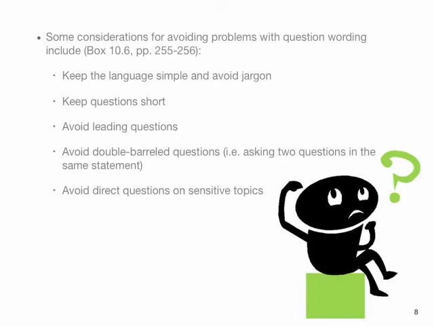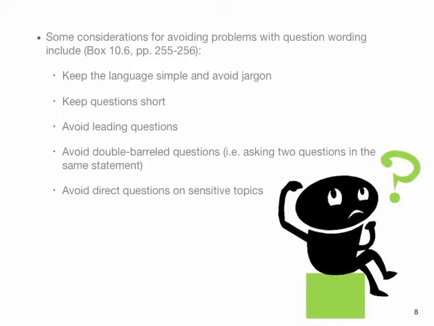When it comes to wording your questions, some of the key things that are talked about in your text, things like keeping the language simple and, where possible, avoiding jargon, unless you're dealing specifically with a population that should and does deal with that jargon, so that you're trying to talk to them in their own language, with their own terms.